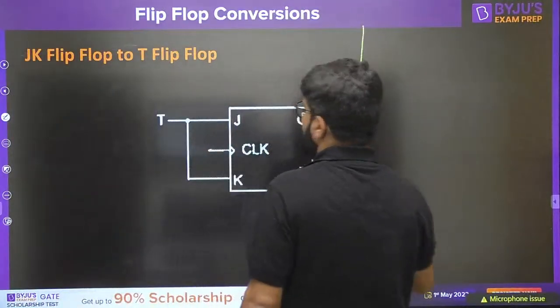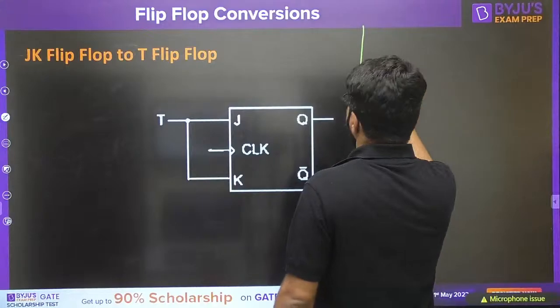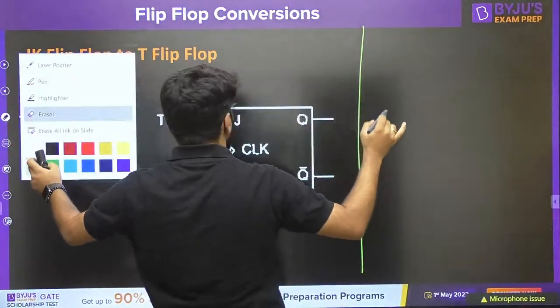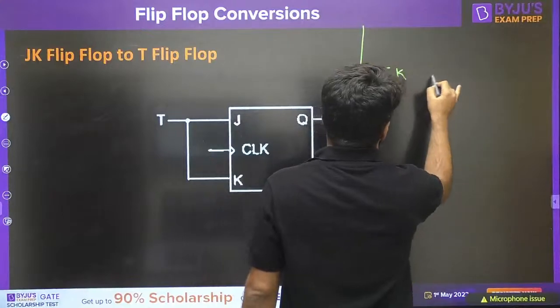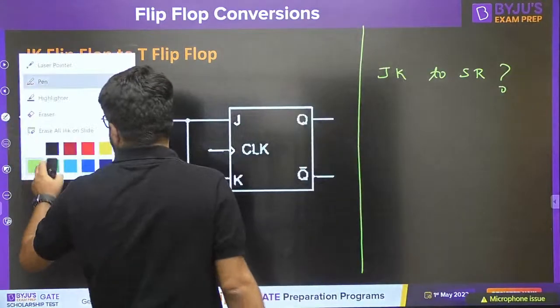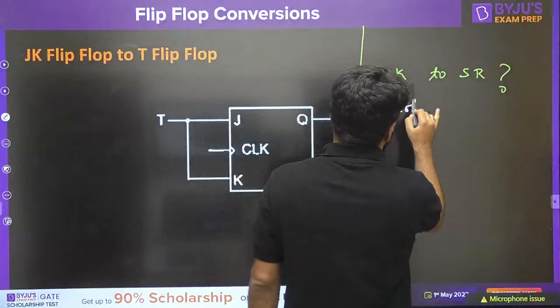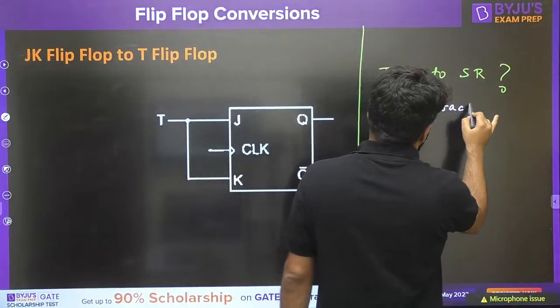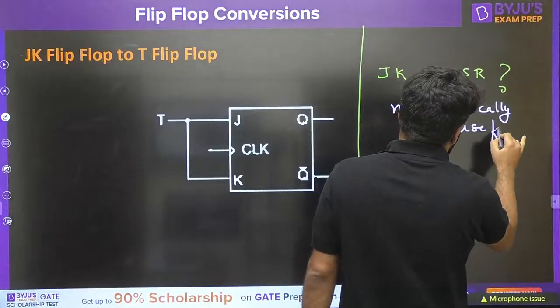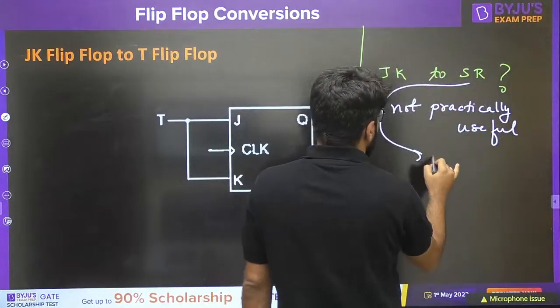JK to SR, I am not doing. This is not practically useful. Why?